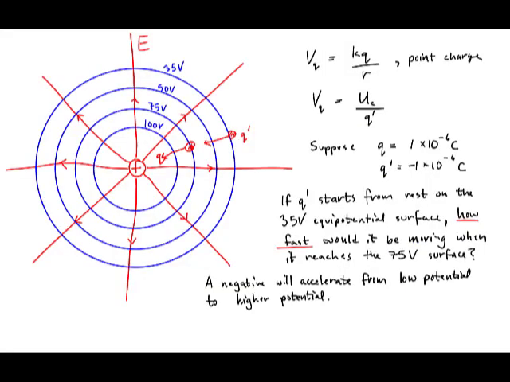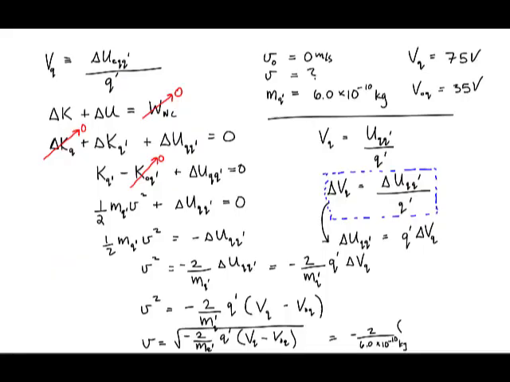We said Q prime is minus 1 microcoulombs. So this is minus 1 times 10 to the minus 6 coulombs. And this is times the difference in potential. The final potential is 75 volts. The initial potential was 35 volts. So notice the negative times a negative underneath the square root ends up being a positive.